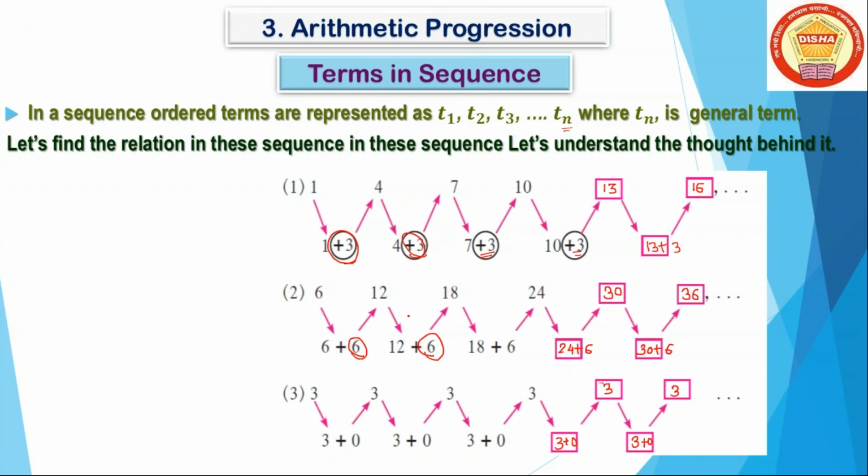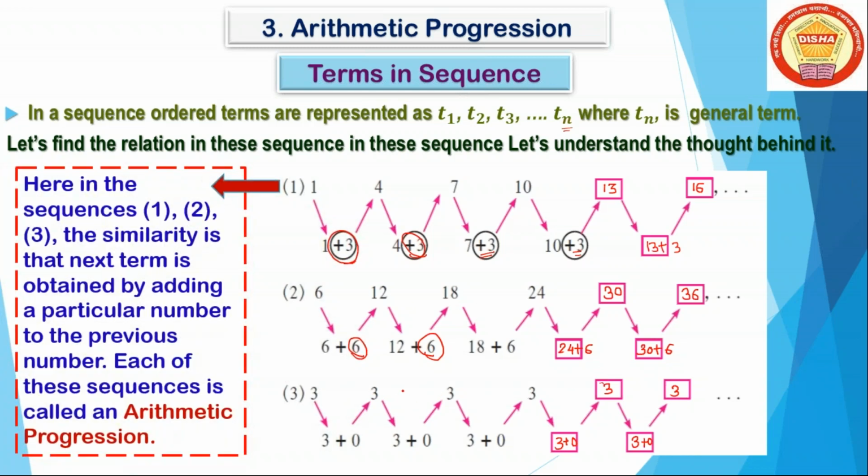Okay. From these examples, we conclude that in the sequences 1, 2, 3, the similarity is that the next term is obtained by adding a particular number to the previous number, and each of these sequences is called an arithmetic progression.